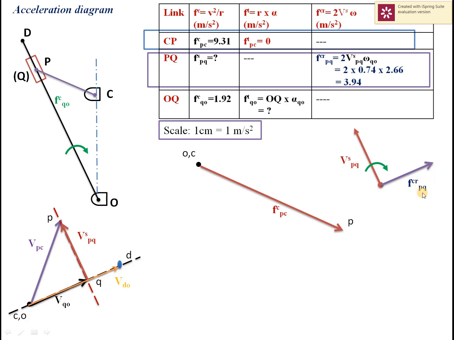Now this FCRPQ vector will start at Q or end at P. Out of these 2 points, we have point P with us in the acceleration polygon.